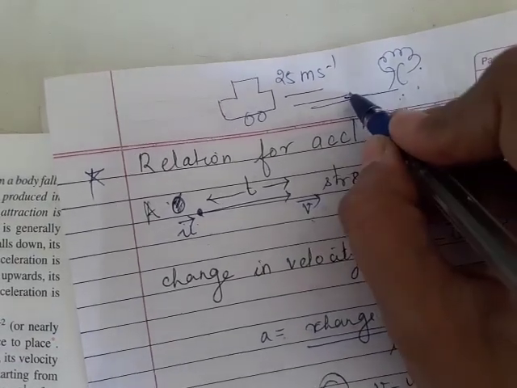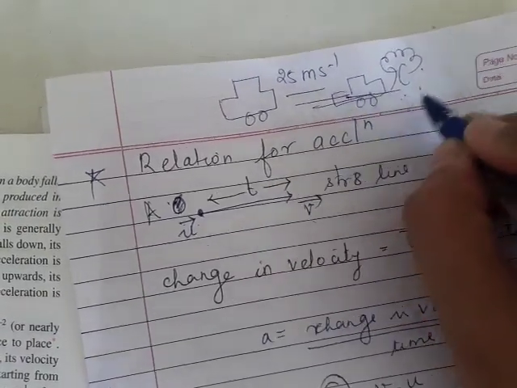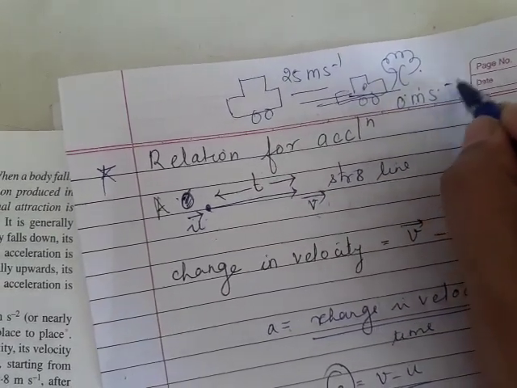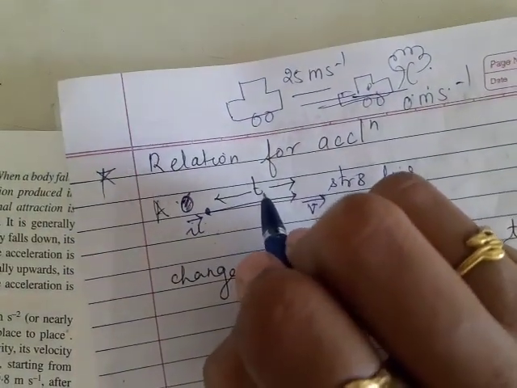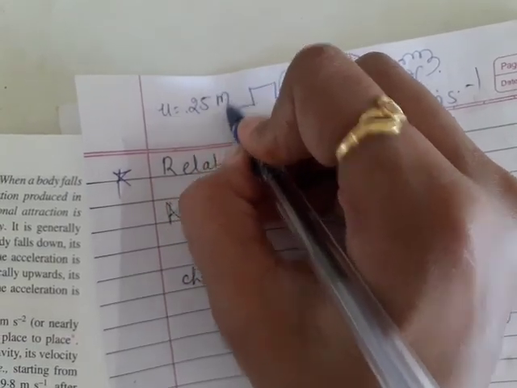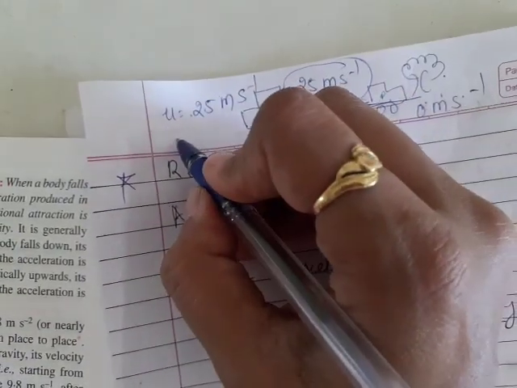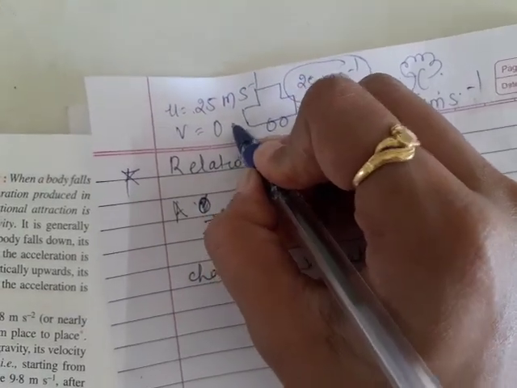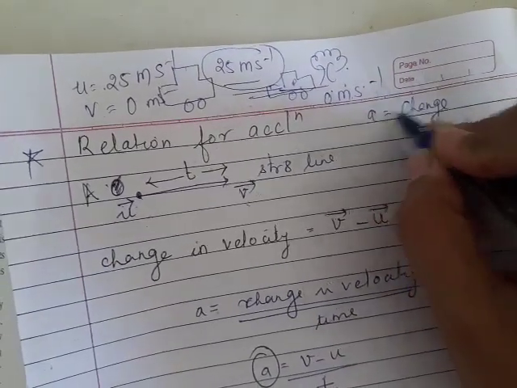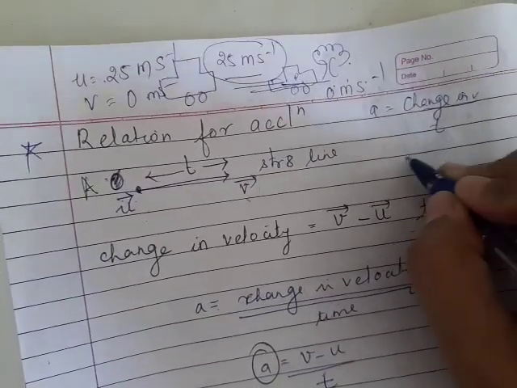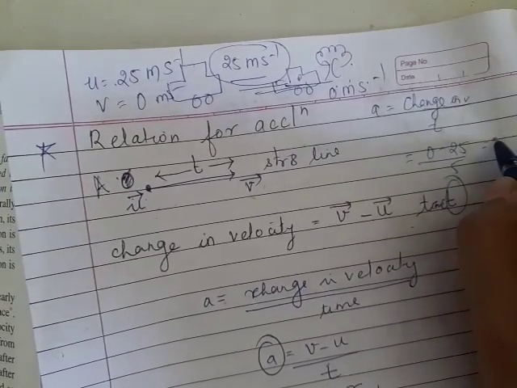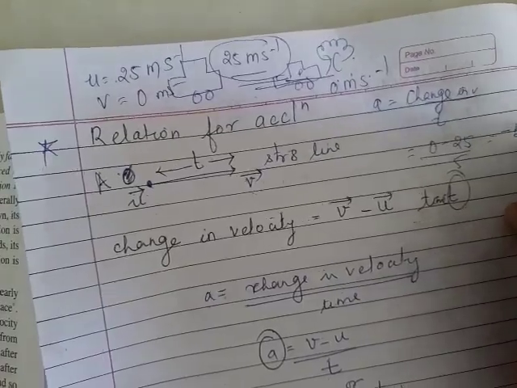When this car stopped, what was its velocity? 0 meter per second. So the initial velocity is 25 meter per second and the final velocity is 0 meter per second. Acceleration is change in velocity upon time, which is v minus u. So 0 minus 25 upon 5 gave the answer minus 5 meter per second square.